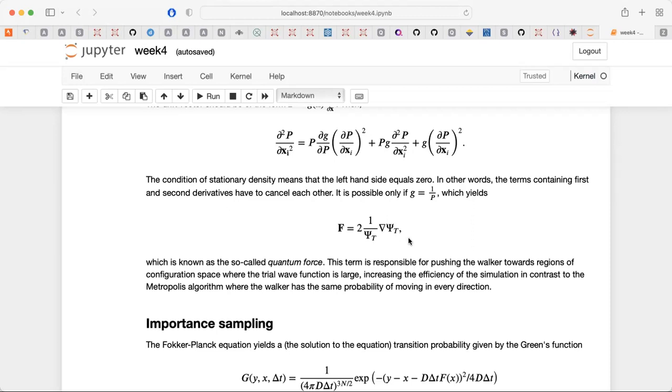Alternatively, if we don't want to calculate it, we can use automatic differentiation, which in Python used to be autograd. Now it's JAX, J-A-X, which will be the software you need to install. And if you're programming in C++, you have a library called automatic differentiation, which you can download and link with your program.